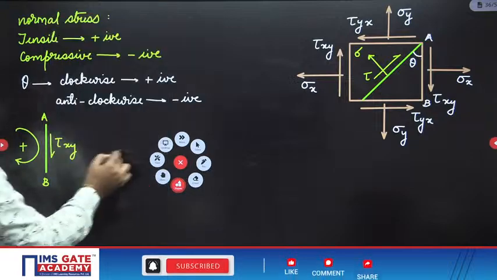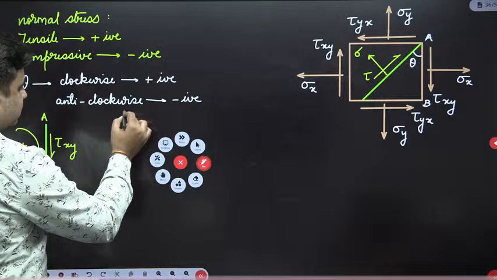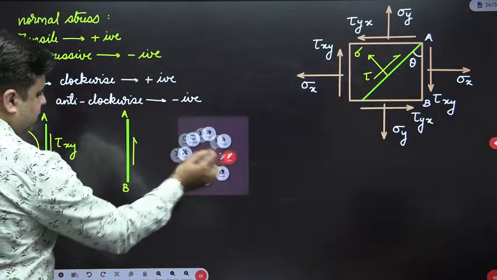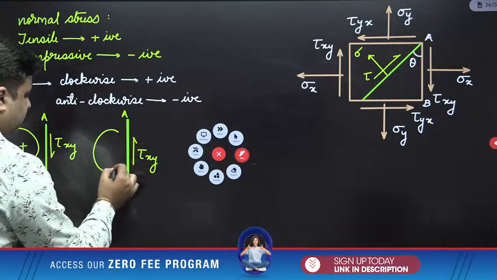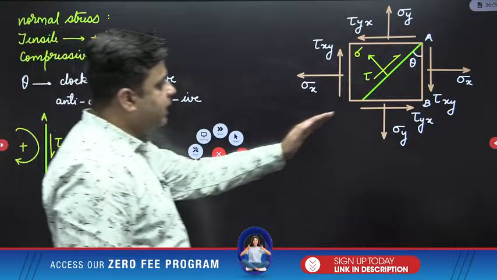But if the shear stress on this reference plane AB gives the anti-clockwise sense of rotation, then it is taken as negative.